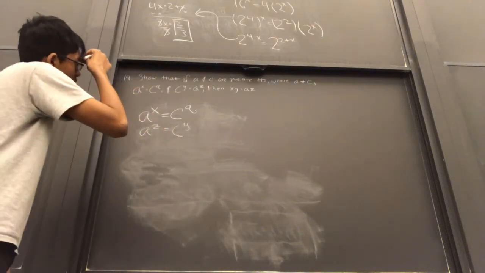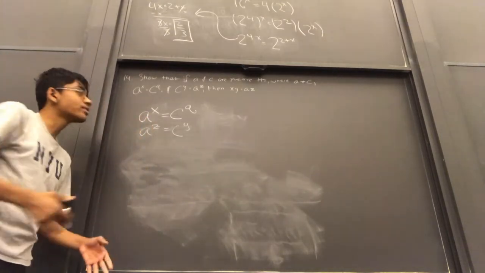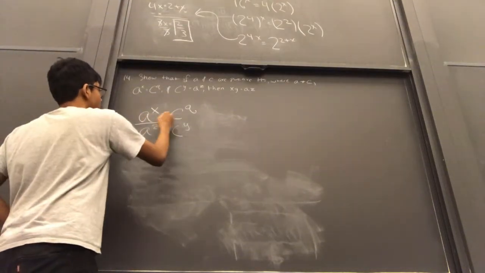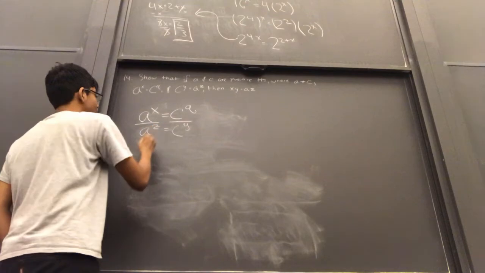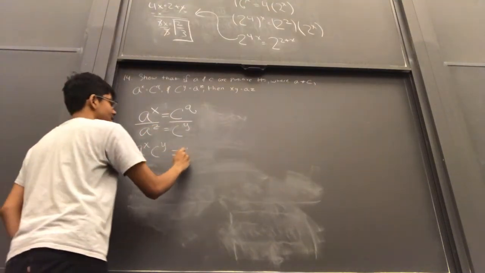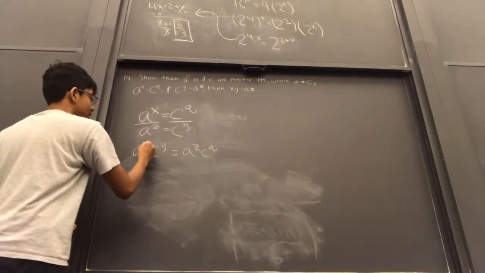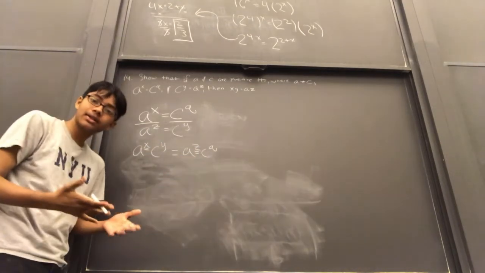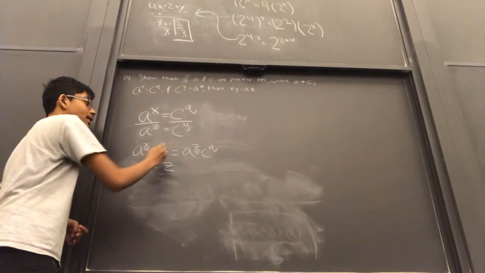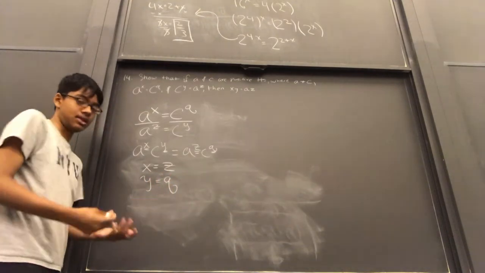Now what that allows me to do is, you can see that right away we can form some sort of a system, aka in this problem we can form a proportion. Now we can write a to the x times c to the y is equal to a to the z times c to the q. Now you notice that this x and z correspond to each other. Therefore, x is equal to z. This y corresponds to this q. So therefore, y is equal to q.